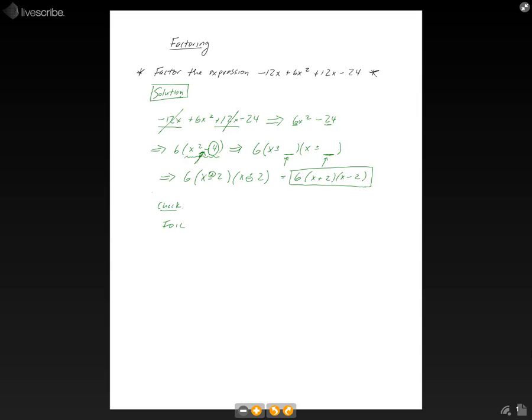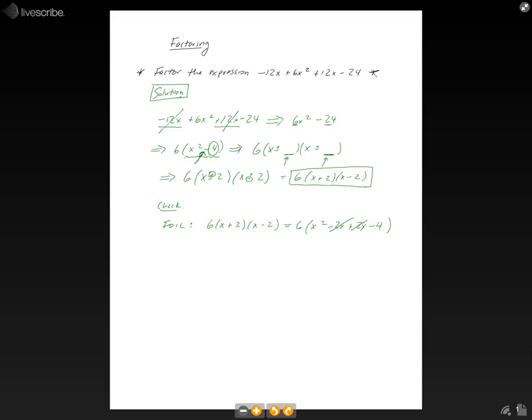The way to check this would be to use the FOIL method and multiply this out to see if we get our original expression. Well, let's go ahead and do FOIL. x times x is x squared. x times negative 2 is negative 2x. 2 times x is positive 2x.